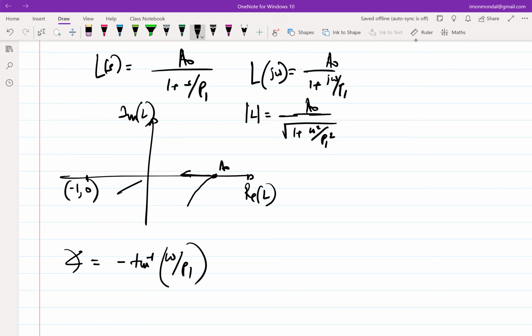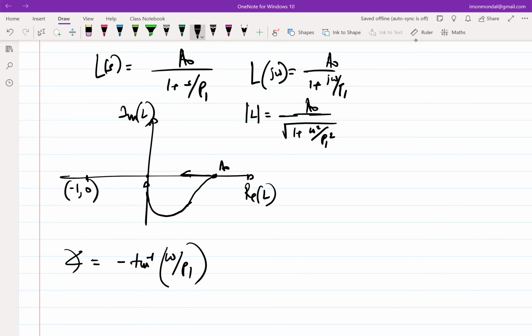I can hit the origin from this side, from this side, from this side. It will never go to the left-hand side because the maximum angle is minus 90 degrees. So it will be minus 90 degrees and hit. So this is what's going to happen.